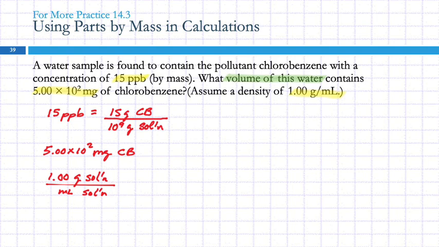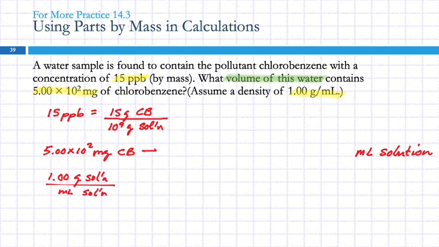So I'm trying to find volume of this solution. And I'm going to choose milliliters because I think it's just going to be easier than anything else. Do you see how this first one and the last one are probably conversion factors and not what we're starting with? I'm starting with the milligrams of chlorobenzene, and I'm trying to get to milliliters of solution.